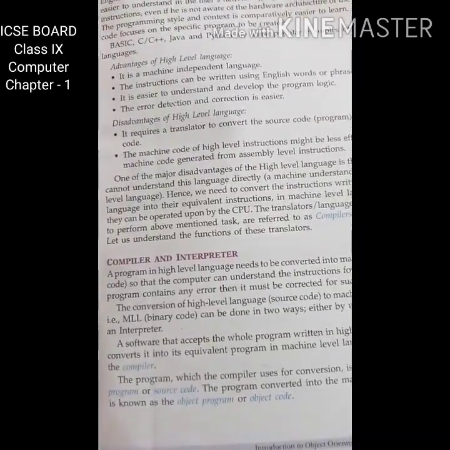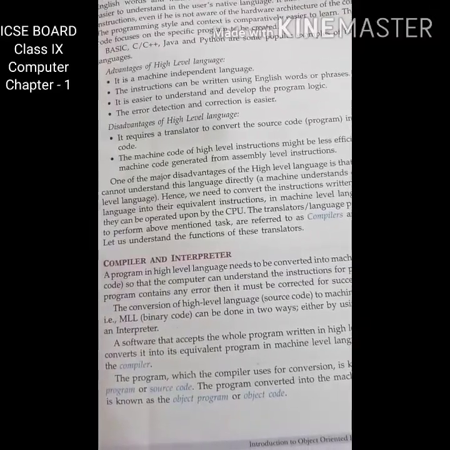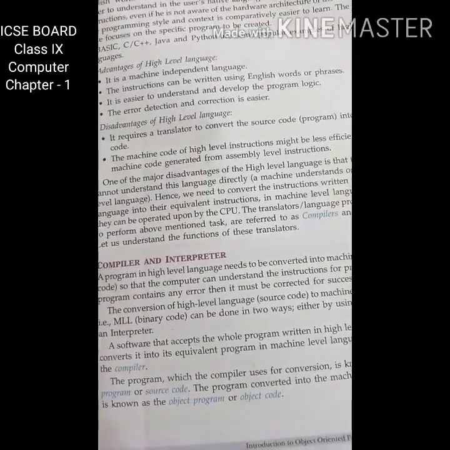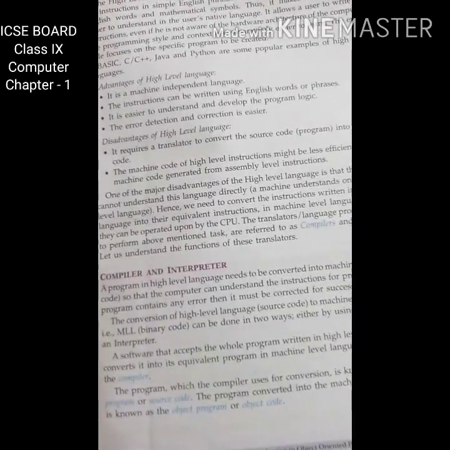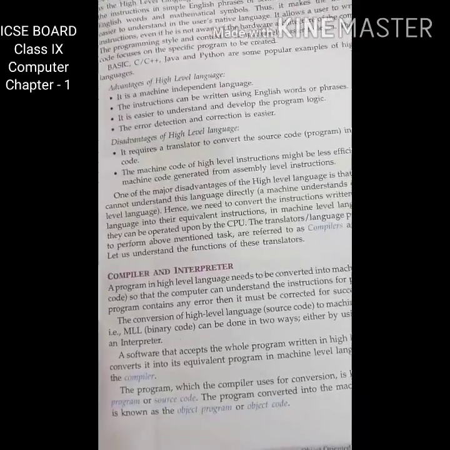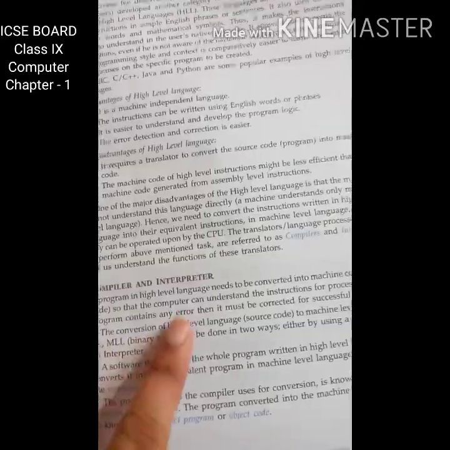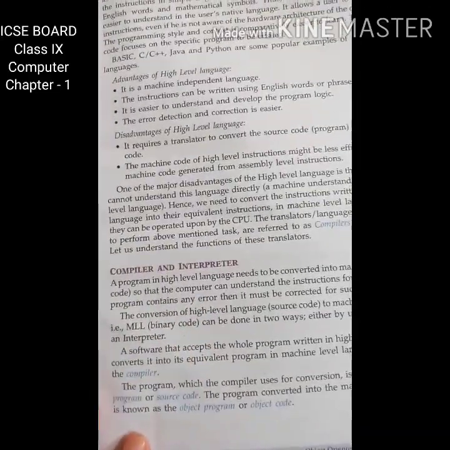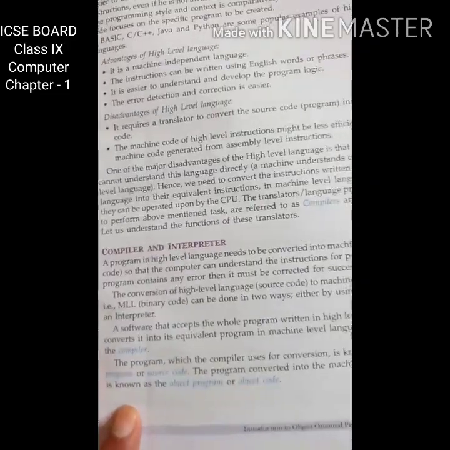It is faster but error detection and correction is not very accurate, but interpreter checks program line by line and gives the accurate result.